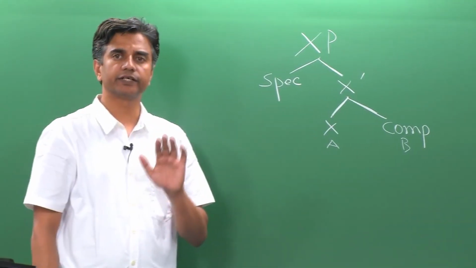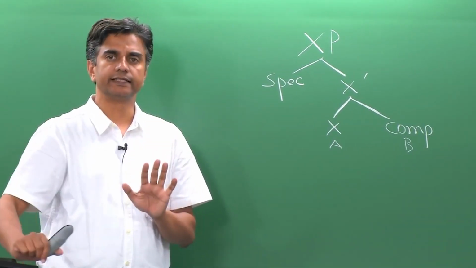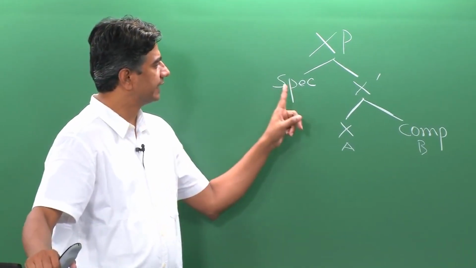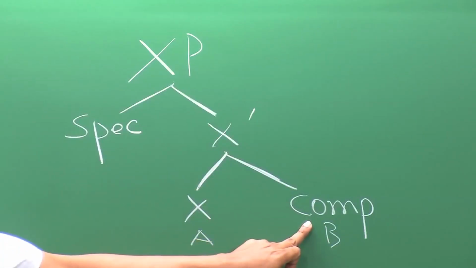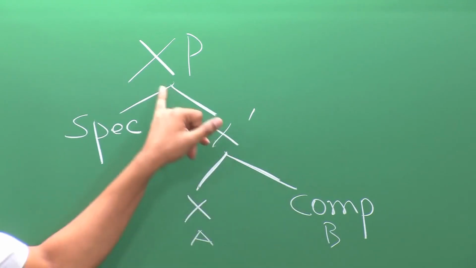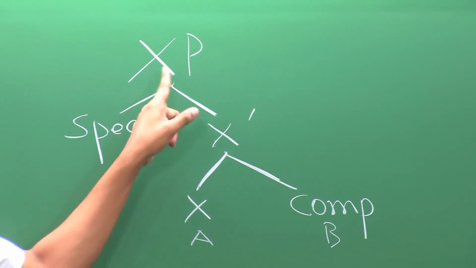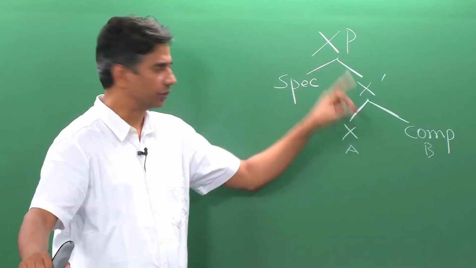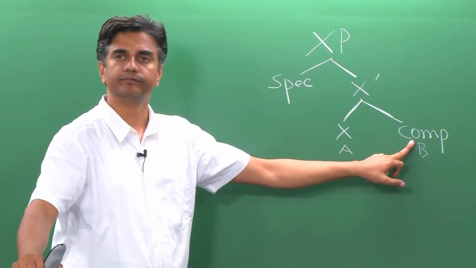In this simpler definition of C-command, we can say this C-commands this one because the same branching node dominating spec, that is XP, dominates this one as well.